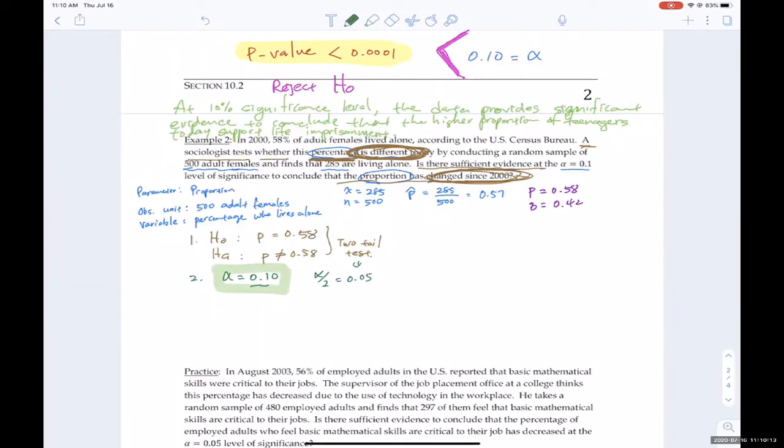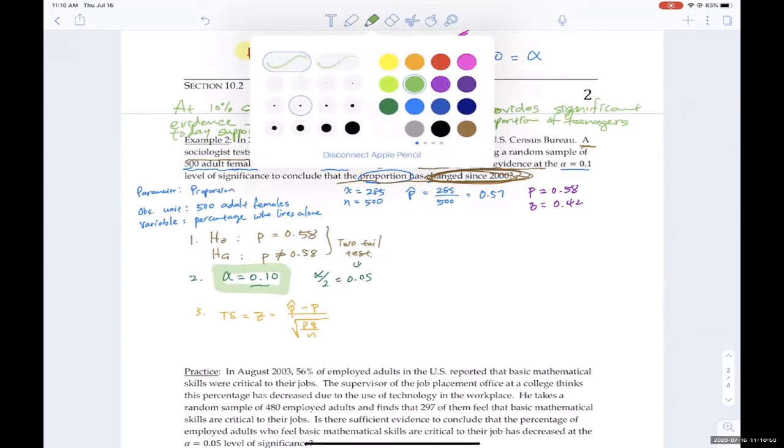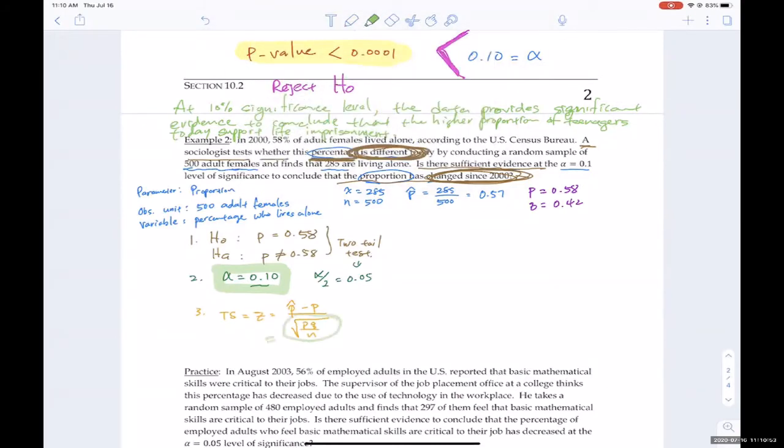Step number 3 is to calculate your test statistic. The test statistic by definition is Z, or I think Professor Conley calls it test stat, which is equal to Z, which is p hat minus P, all over the square root of PQ over N. This bottom part represents the SE, standard error.